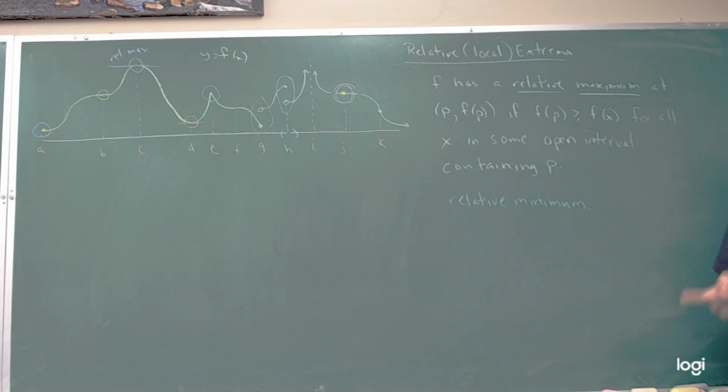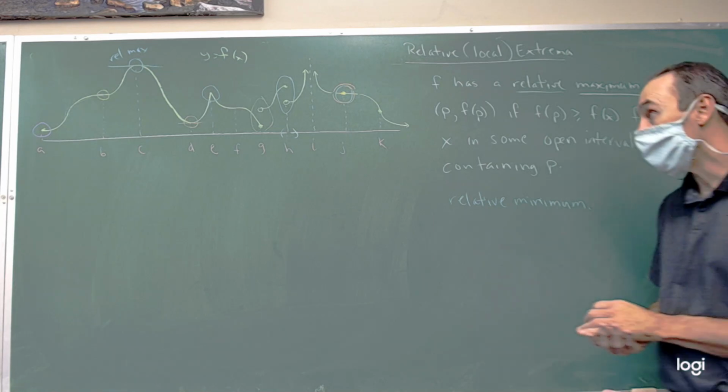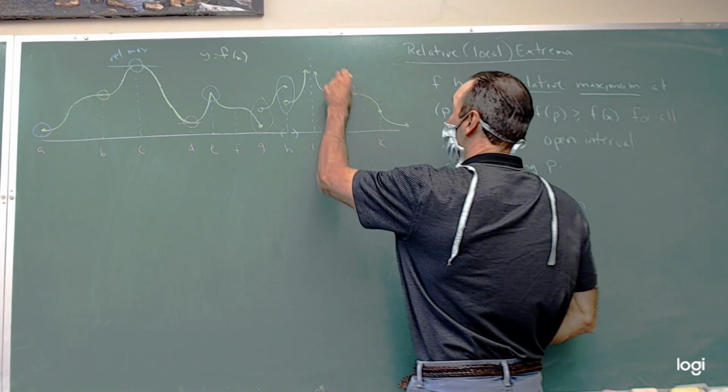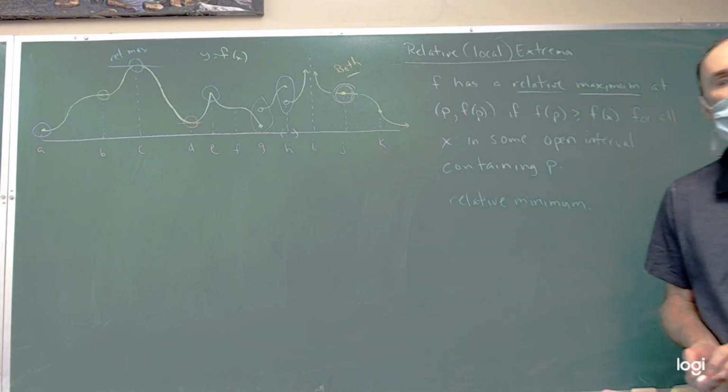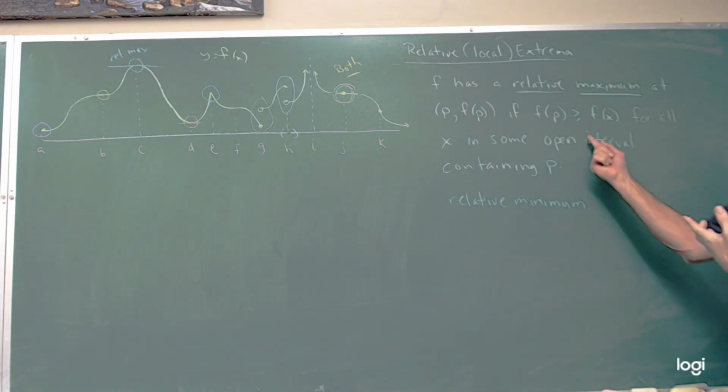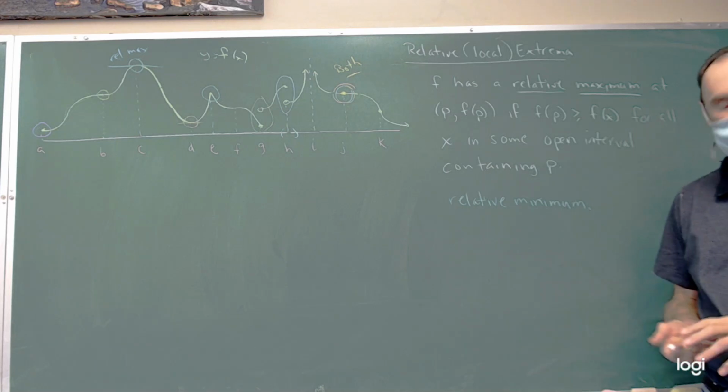It's both a relative maximum and a relative minimum. In fact, every point along that little horizontal line segment part is both. That's more of a trivia question, though. I wouldn't lose any sleep over that one. It's kind of an interesting result of our definition.